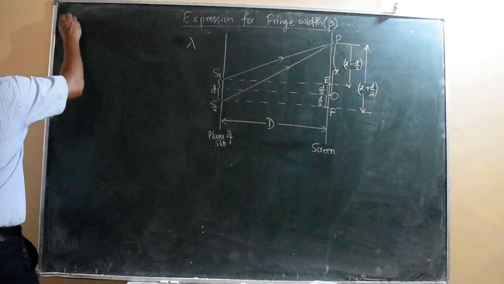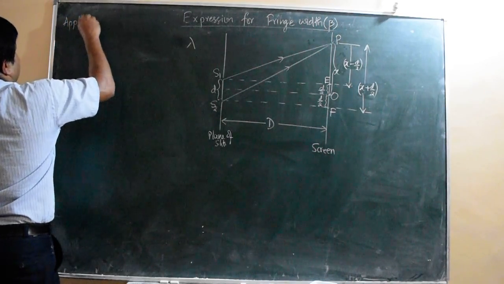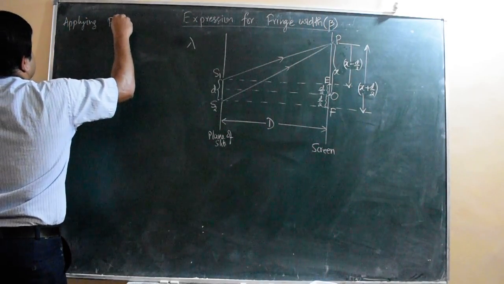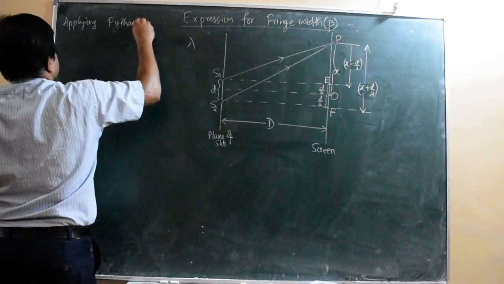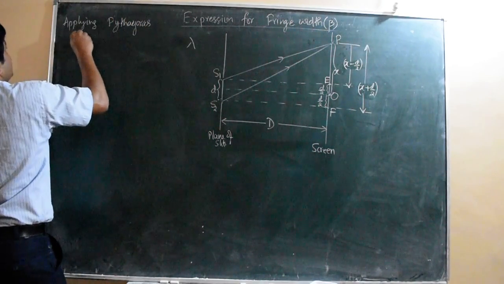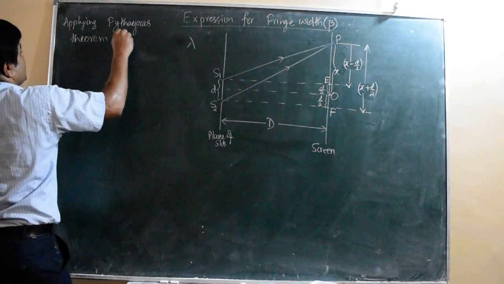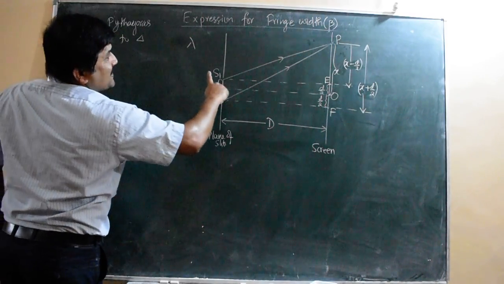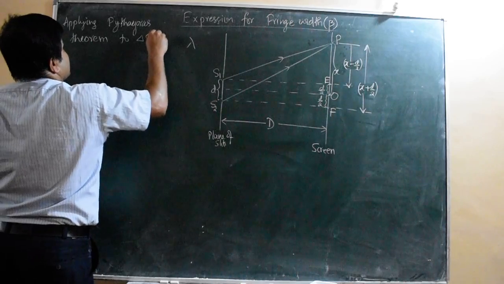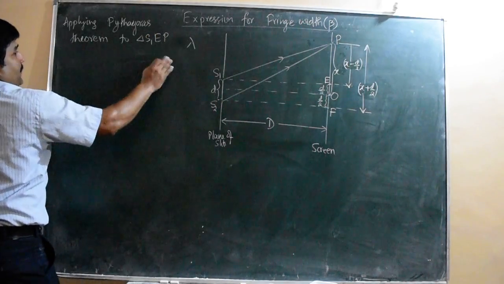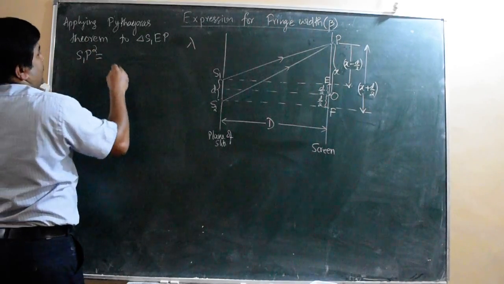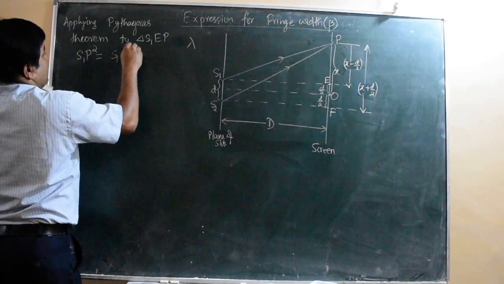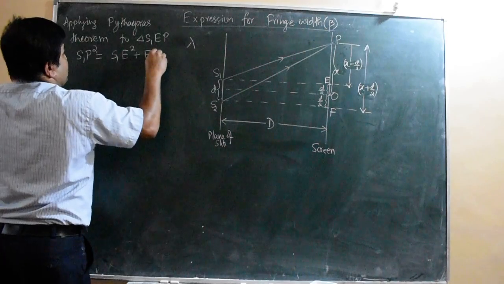So applying the Pythagoras theorem to the triangle S1EP, S1P square is S1E square plus EP square.